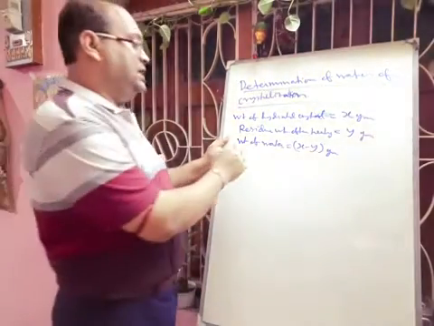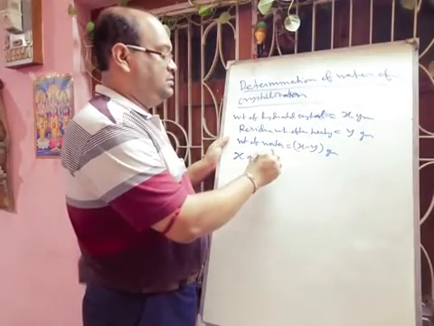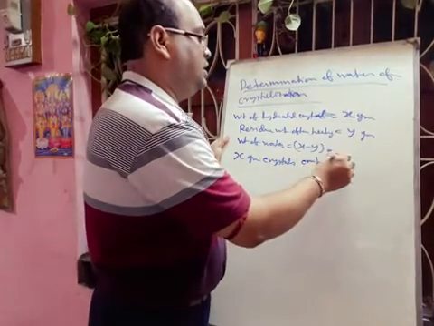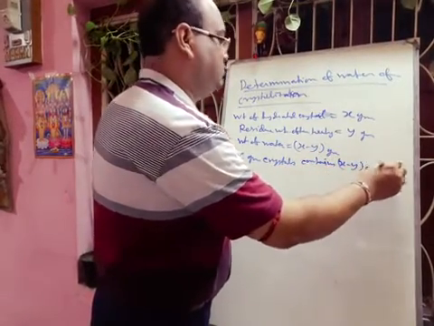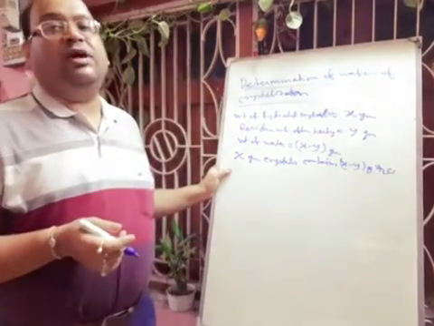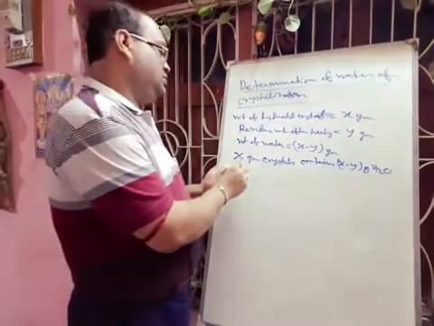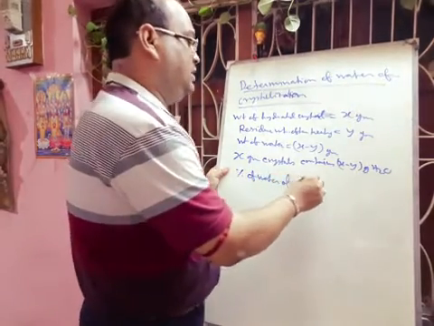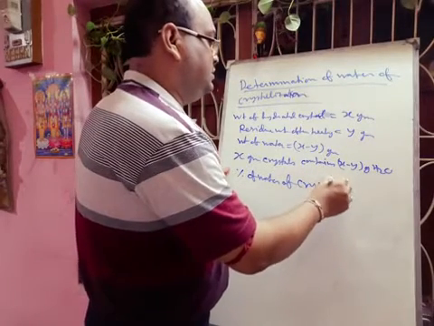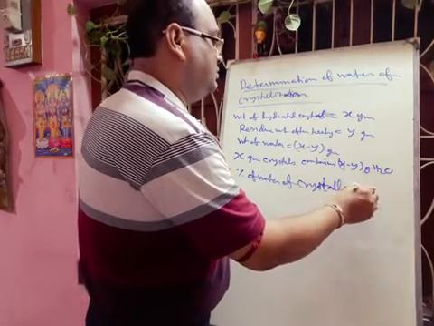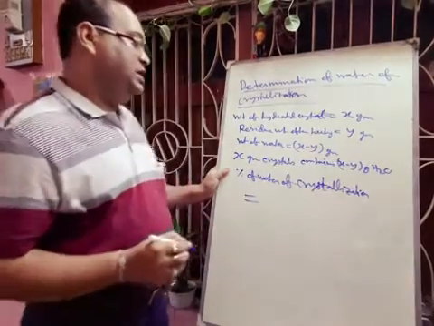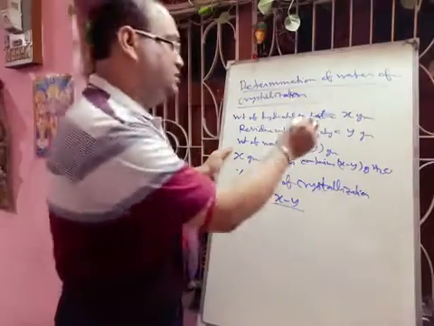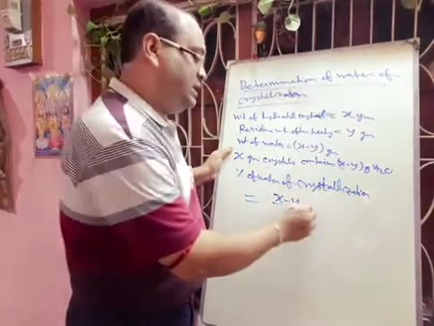Now X gram of crystal, that means hydrated crystal, contains X minus Y gram of water. So then what will be the percentage of water of crystallization? The percentage of water of crystallization will be the amount of water, X minus Y, over the weight of the hydrated crystal, X, into 100%.